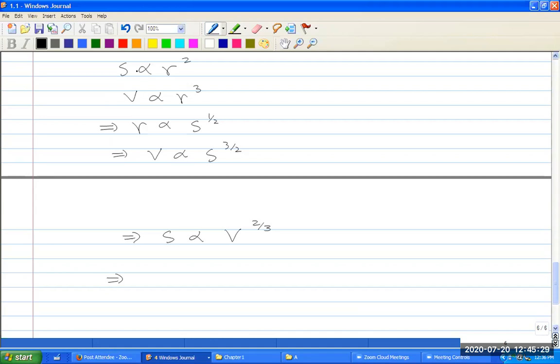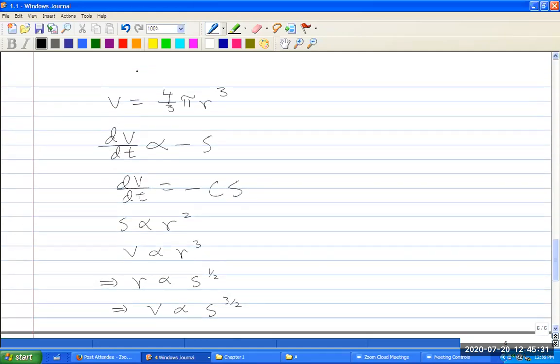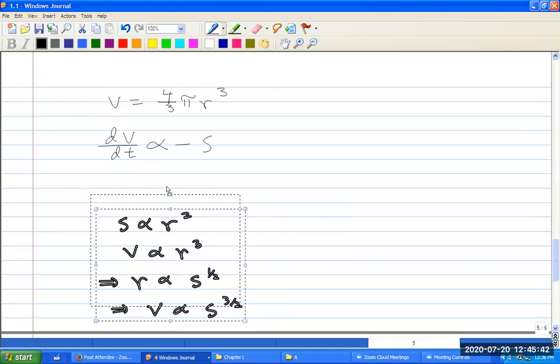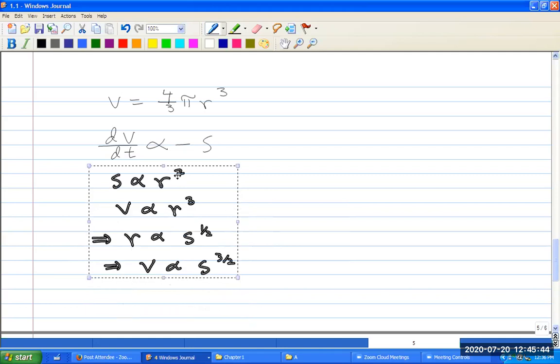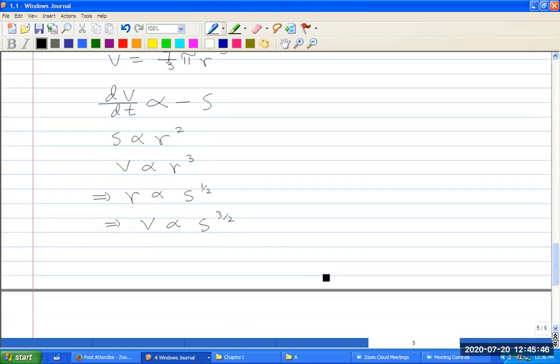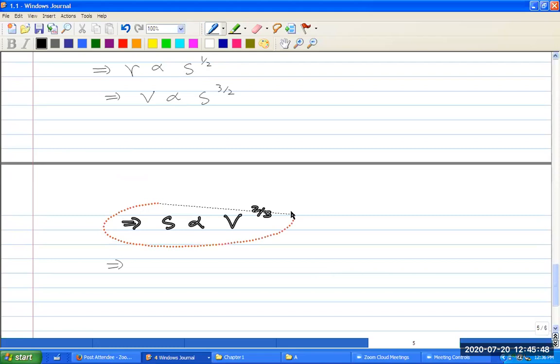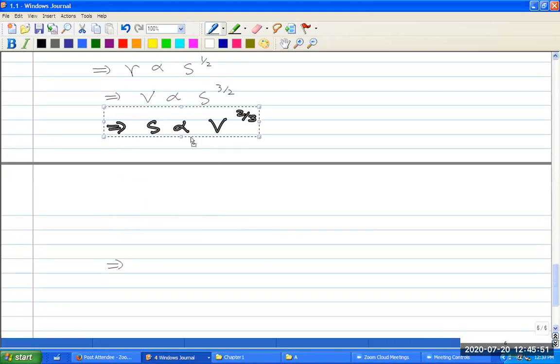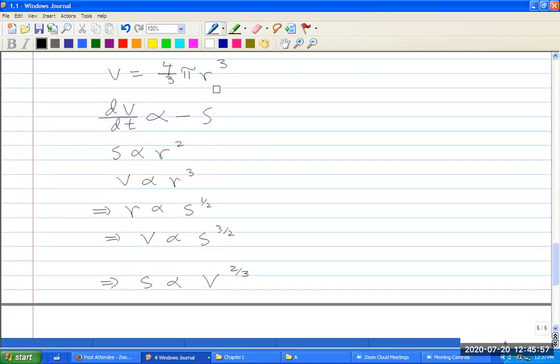So this says that, well, dV, actually I didn't need that. Maybe I'll do that at the end. Now let's plug in. So I have S is proportional to V to the 2/3.